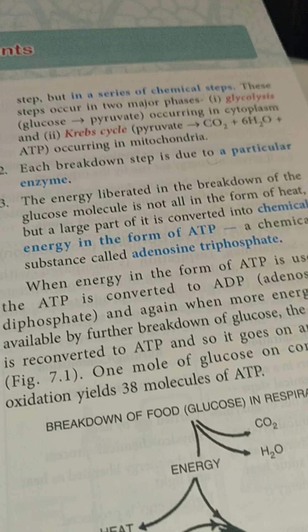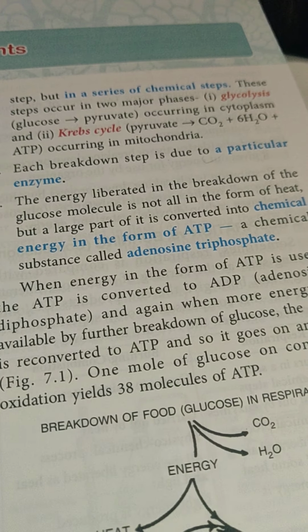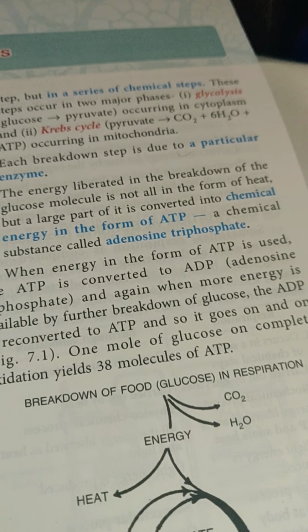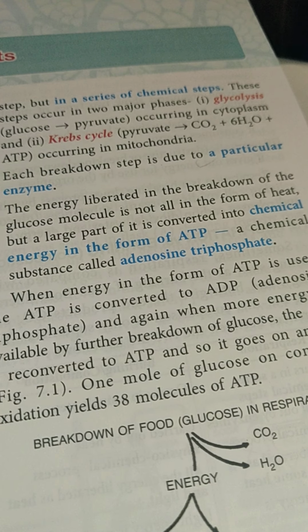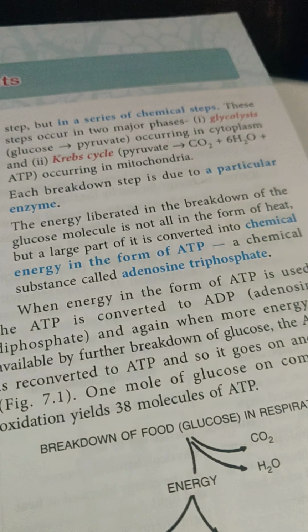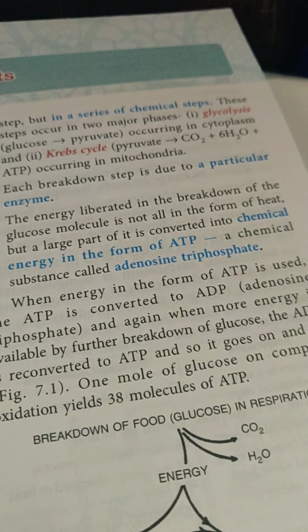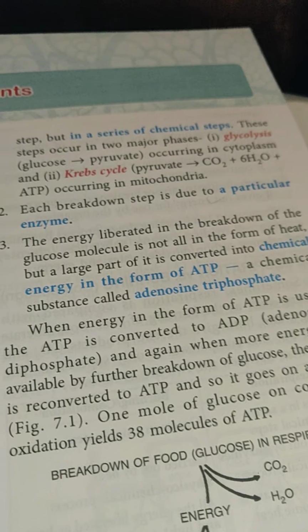The energy liberated when these glucose molecules are broken down is not all in the form of heat. Yes, some part of the energy is in the form of heat, but a large part is converted into chemical energy in the form of adenosine triphosphate or ATP.